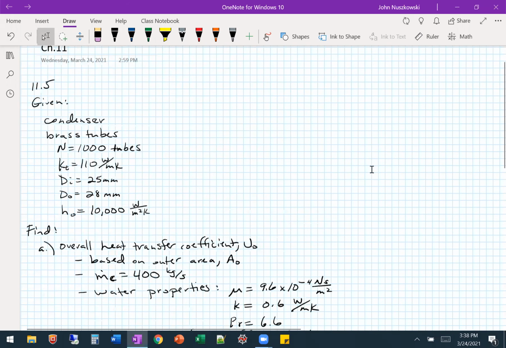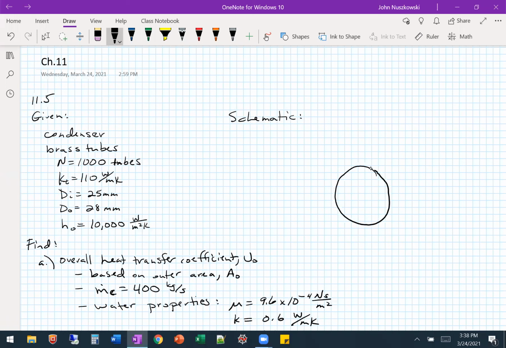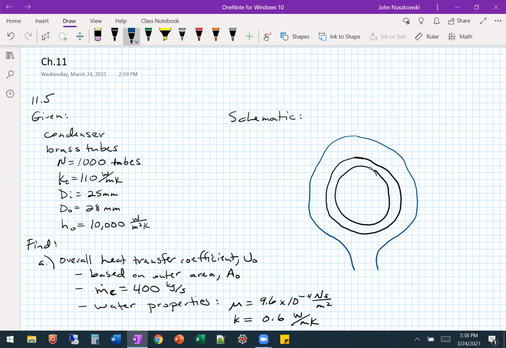Okay, so we got to draw our schematic yet. All right, so we have our tube. On the outside of it is some steam that's condensing, okay?